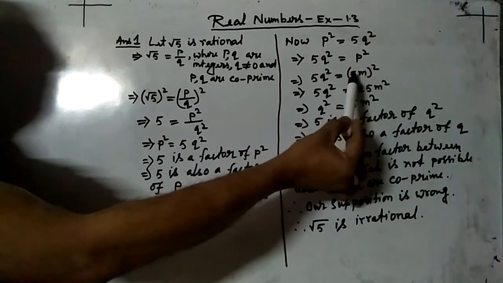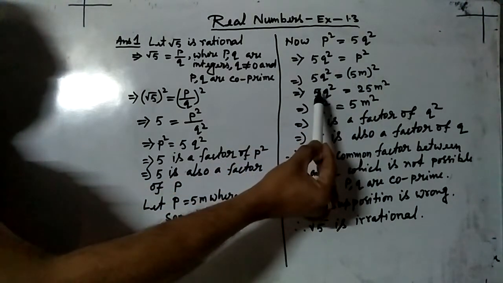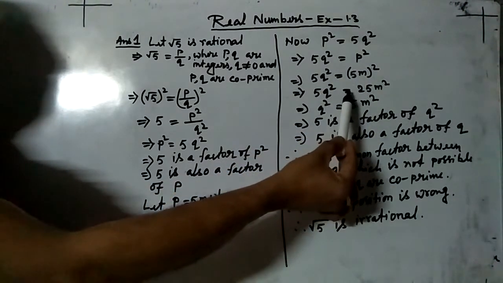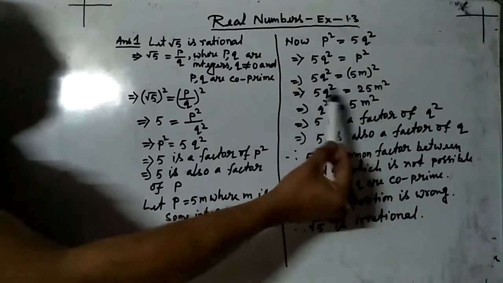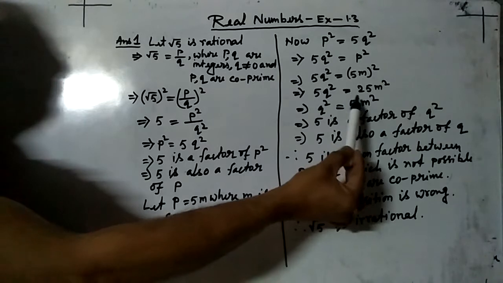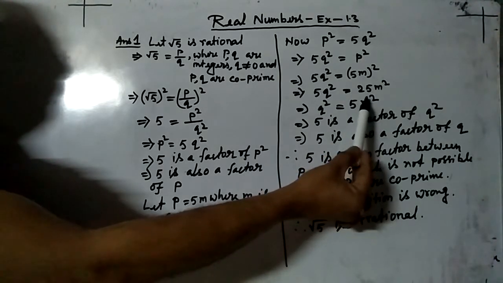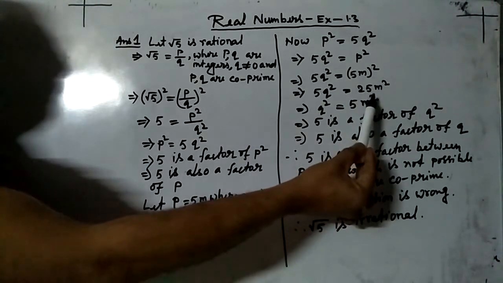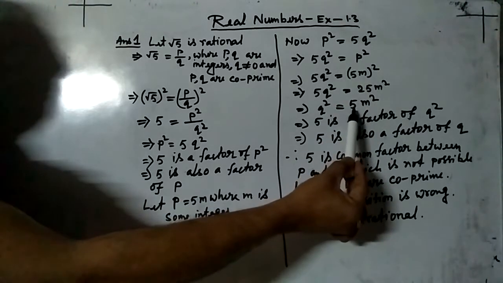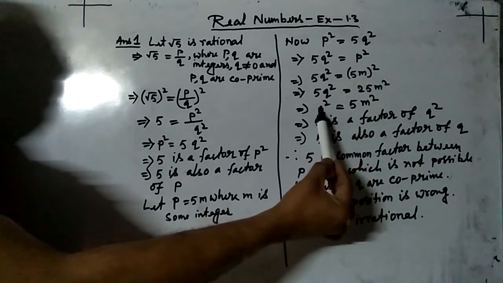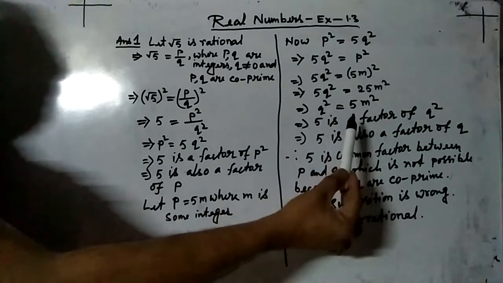Put the value of p, that is 5m, then we'll get 5q square equals 25m square. So q square equals 5m square, because if we bring this 5 to the right side, then 5 will come in the denominator, then 5 into 5 is 25, 5 will be cancelled. Now q square equals 5m square we got.